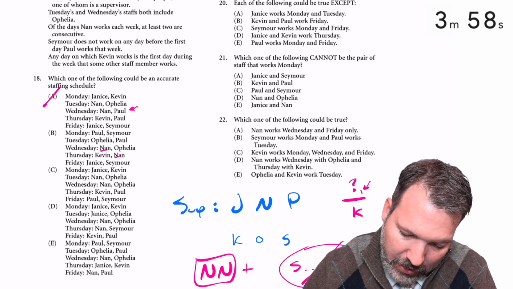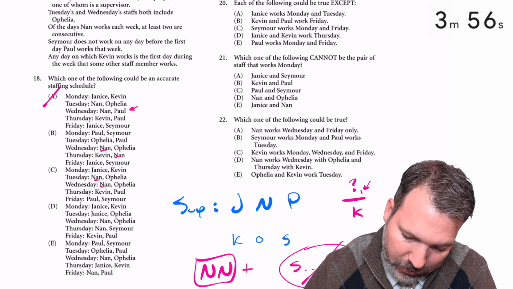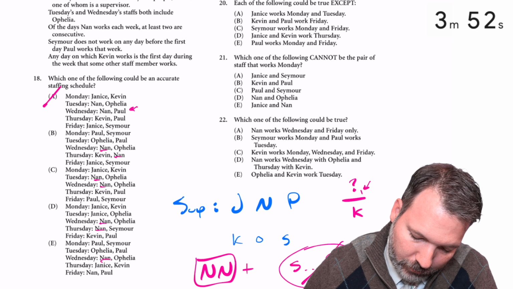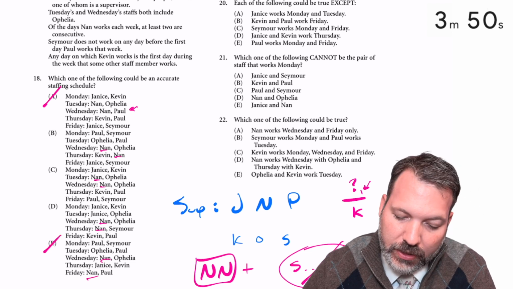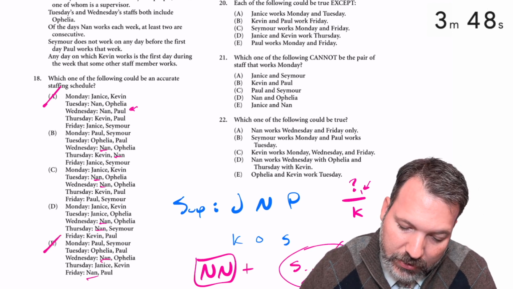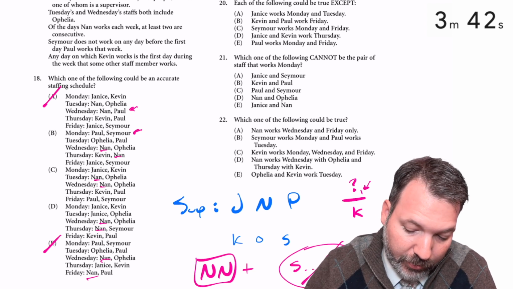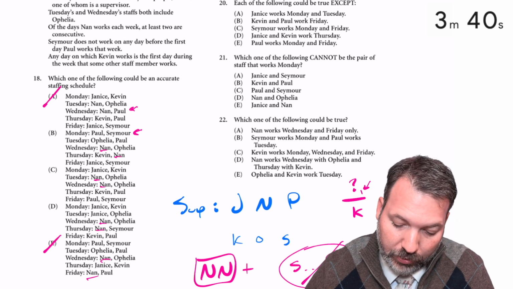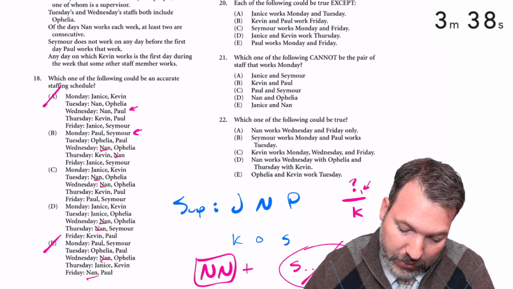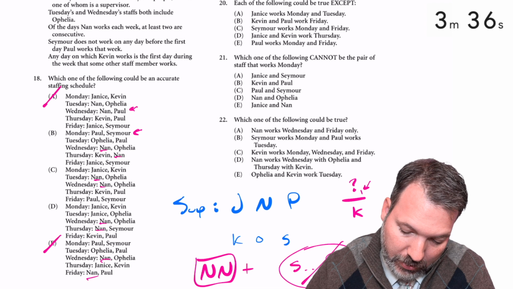So I see Nan on B, Nan on C, Nan on D, but no Nan on E. So E is out. Seymour is not before Paul's first day. So B is actually a great example of what I was talking about. That's totally possible. But C is okay.